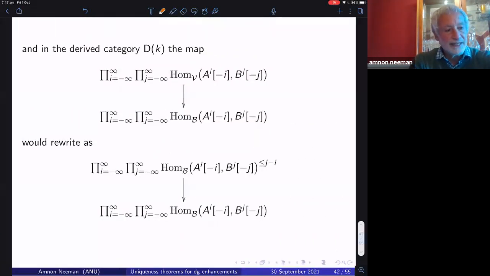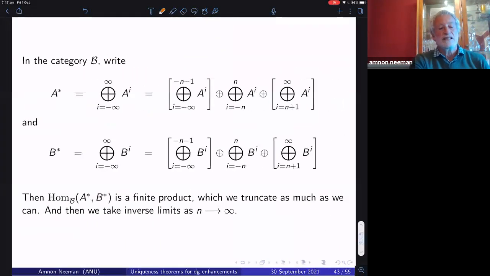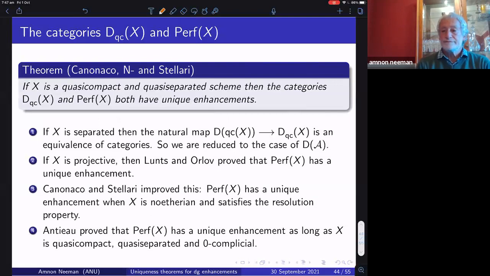In order to make a true argument of this, you do finite sums and let n go to infinity. And this becomes technical because letting n go to infinity is difficult in derived categories. But okay, this is the long and technical part of the paper, but it can be done. Okay, so this is a sketch of the main ideas of the proof.